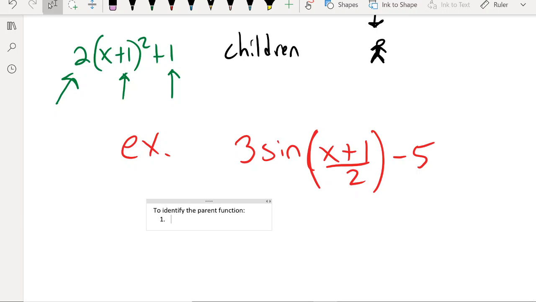One, you need to find the x, okay? Or whatever variable they're using, but it's most likely x because normally your parent functions, you're graphing them on the xy plane. So, like 9.99 times out of 10. You're looking for x. Find the x, and then find out what's happening to the x, okay?